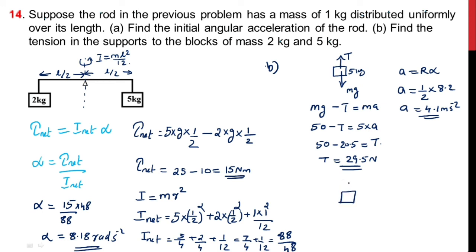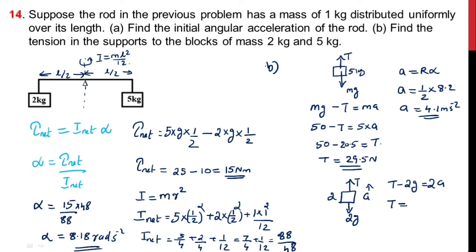The same way, you can also calculate the tension acting on the 2 kilogram block. Look at the diagram here. Once again, tension is acting upward and the 2 kilogram block's mg, which is 2g, will be acting downward. Now the acceleration here is upward. So we can write tension minus mg is equal to mass into acceleration, and the mass here is 2, so 2 into a.